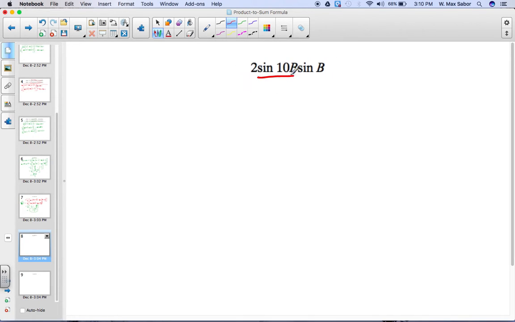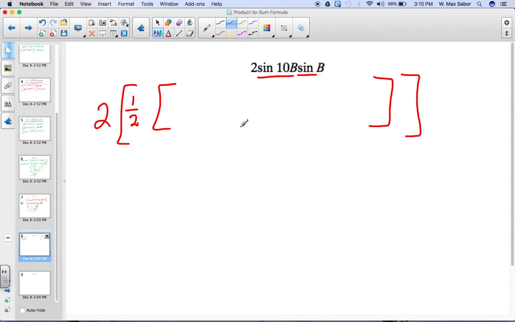Here we have sine of two different angles, and we have a 2 multiplied out on the outside. The overall rule is 2 times sine sine is the cosine of the difference minus the cosine of the sum.